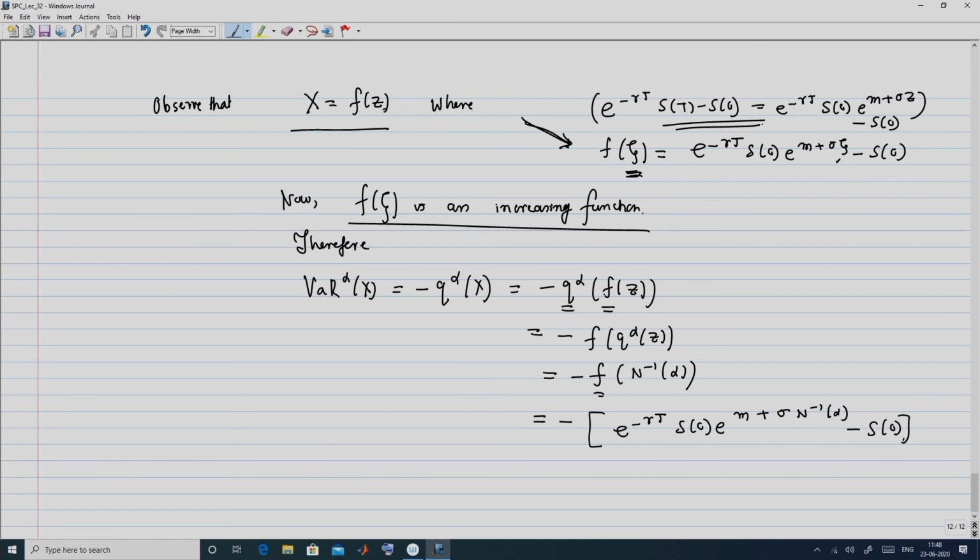I have just replaced this zeta with N inverse of alpha, and this can be written as S0 times 1 minus e raised to m minus RT plus sigma N inverse of alpha, where I take the common factor of S0 out and combine m and RT.